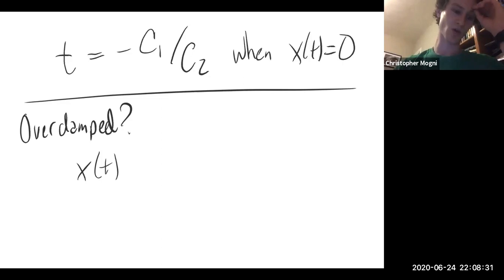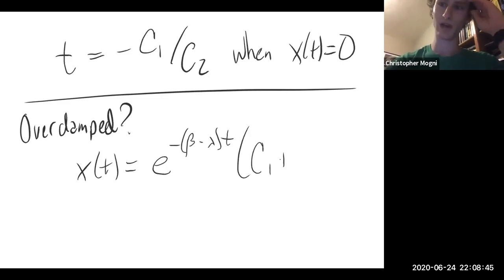So we have exponential decay and exponential growth. I can rewrite this as follows: e to the minus beta minus lambda t times c1 plus c2 e to the minus 2 lambda t.